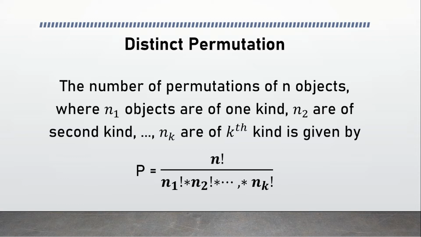So distinct permutation is the same as permutation with identical objects. When we say identical, there is similarity. May pagkakapareho, may magkakamukha, and so on.